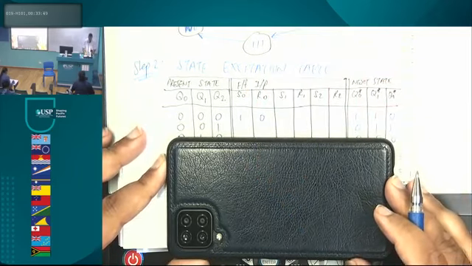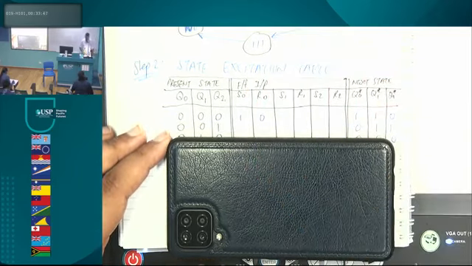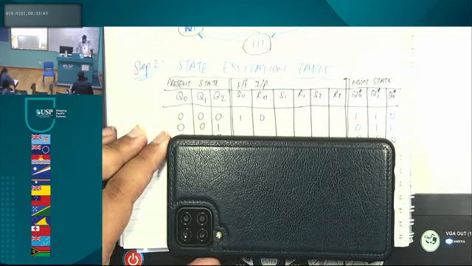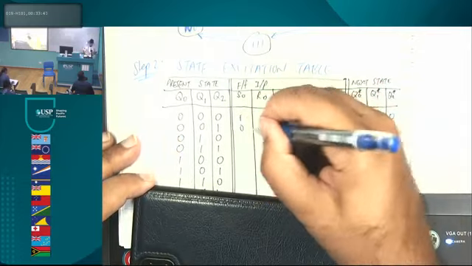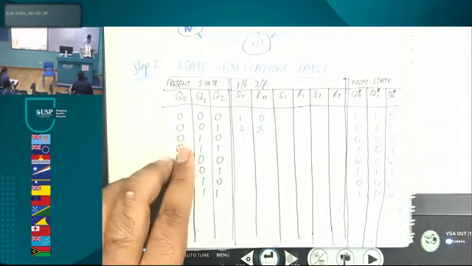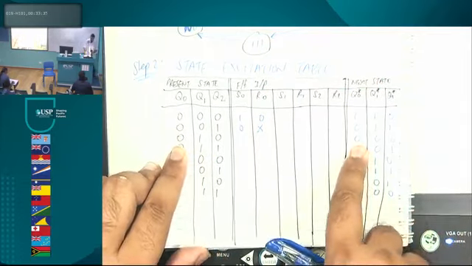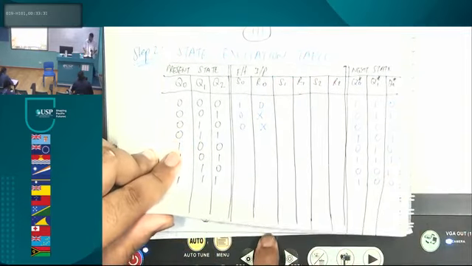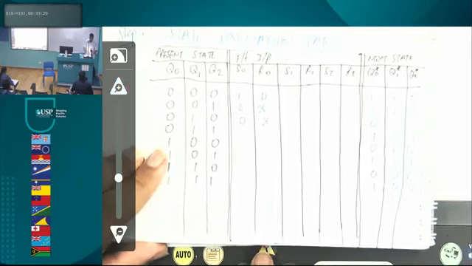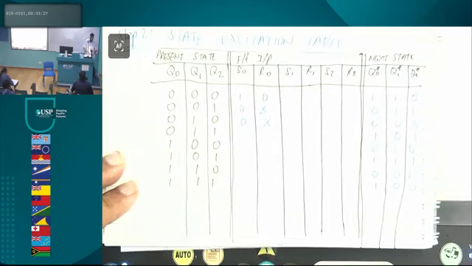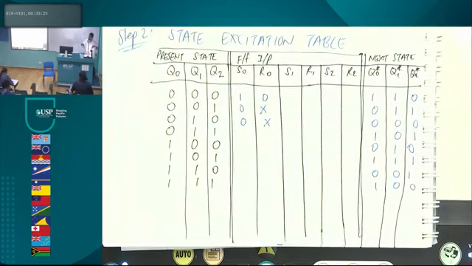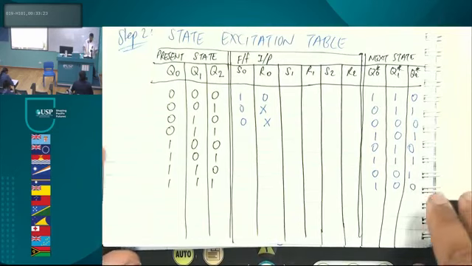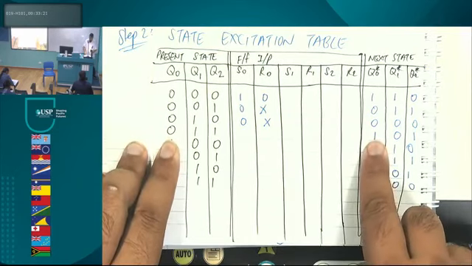Next line: Q0 is 0, Q0 star is 0. What do you get? 0, X. Next one, 0, 0. 0, X. Guys, you can see the board, right? You can see my writing, or is the light affecting it? That's better. Okay, 0, 1.